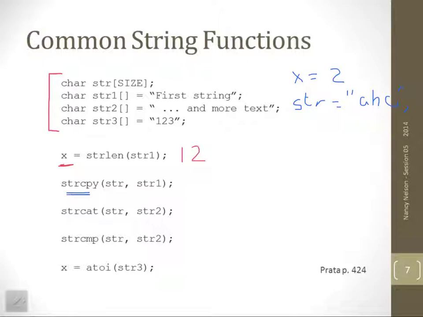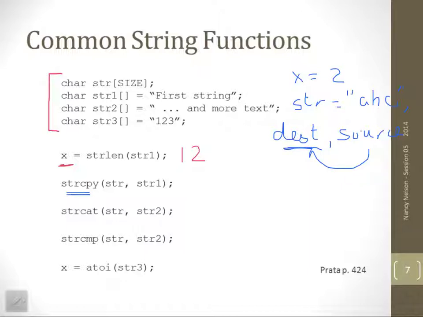Now it's important when we have two variables in a string related function, the first is always going to be the destination. The second is always going to be the source. What that means is we're going to be taking information from the source and moving it to the destination, where the final answer will be.